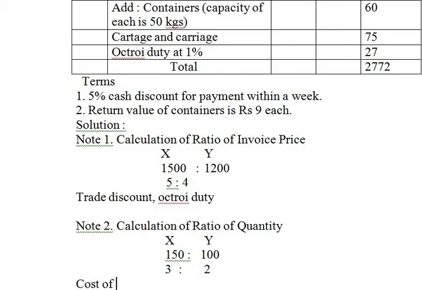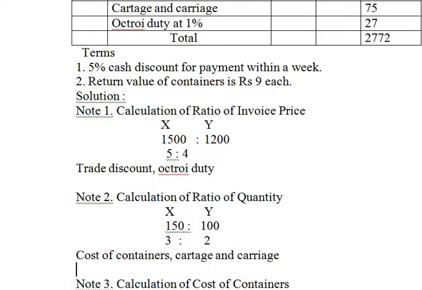Cost of container, okay, this is distributed. Then cartage and carriage. Now we have ascertained the ratio of invoice price as well as the ratio of quantity.